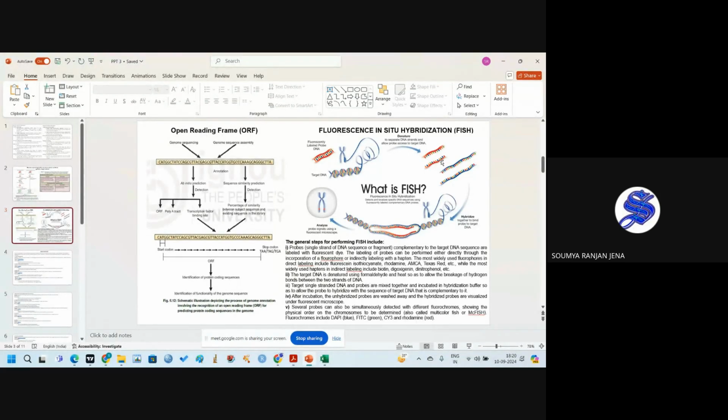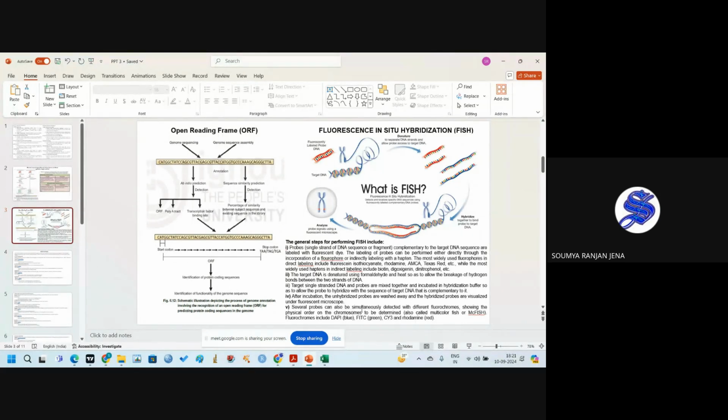The fluorescent probe only binds to the complementary part of the DNA or gene, and under the fluorescence microscope, it gives rise to fluorescence light. If the gene is overexpressed, it gives more light, and if the gene is underexpressed, it gives less light. So from this we can find whether the gene is overexpressed or underexpressed.